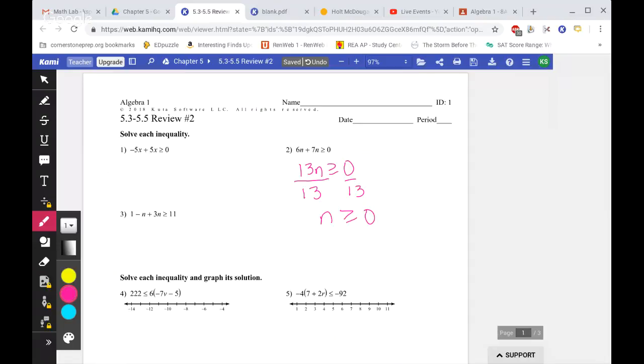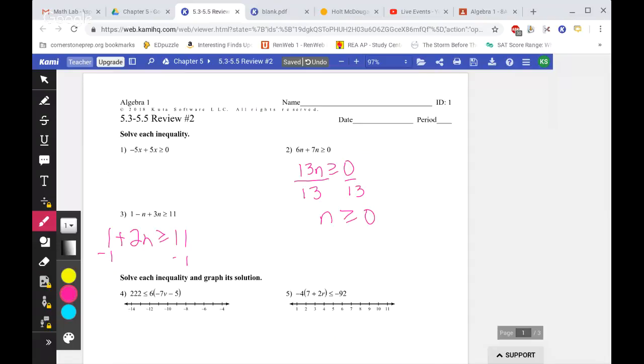And then number 3, we have like terms on the same side. Once again, we've got a negative n, which is really like a negative 1n plus 3n. So you find the difference and give the sign of the higher one. So that's 1 minus n plus 3n, which is plus 2n, is greater than or equal to 11.